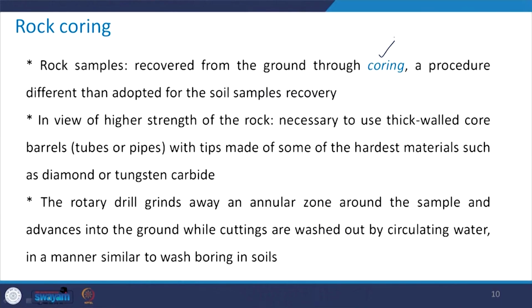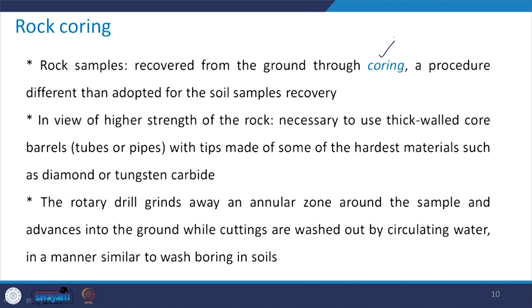So, the rock samples are recovered from the ground through coring. So, in soils we call it boring, in case of the rocks it is coring. This is, as I explained, altogether different than soil sample recovery. How is this done and why is it different?